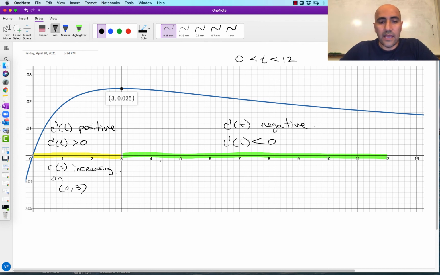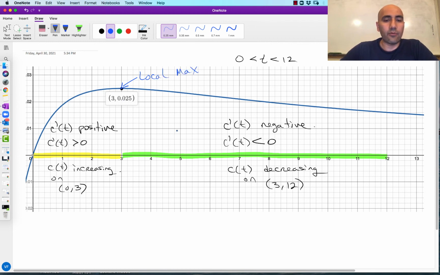So that means that the underlying function C of t is decreasing on the interval 3 to 12, not inclusive of the endpoints, again because of the domain the problem gave us. And of course, we also established that at that point, we had a local max.